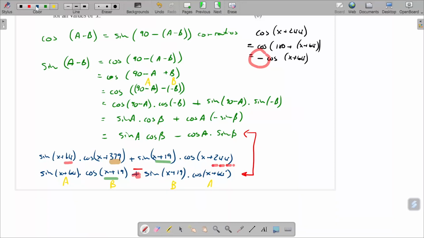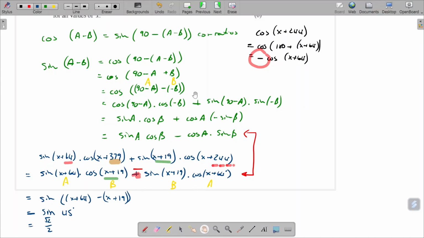We're going to now get an answer that this is equal to sine of x plus 64 minus x plus 19, which is equal to sine of 45, and we know that sine of 45 is root 2 over 2.